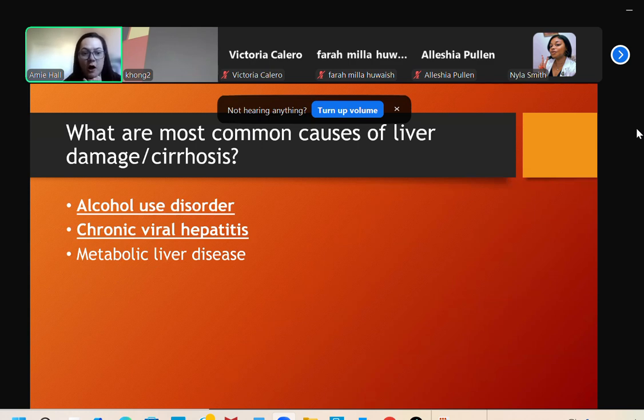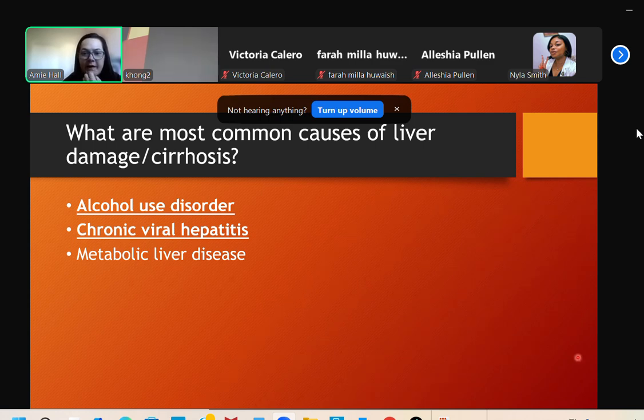It used to be called non-alcoholic fatty liver disease. Now we're calling it metabolic liver disease. This is where that steatosis comes in, where that fat builds up on the liver cells and on the liver. So: alcohol use disorder, chronic viral hepatitis, and metabolic liver disease.